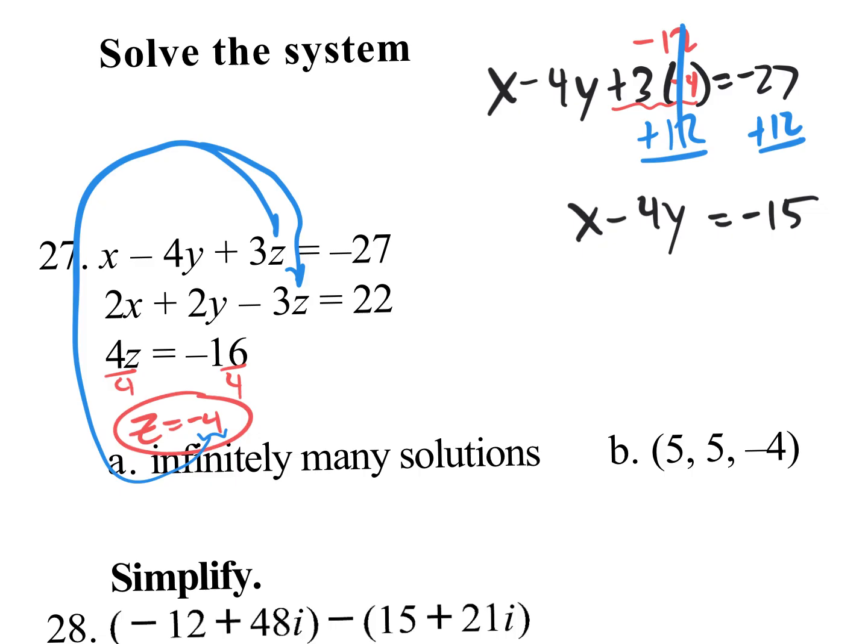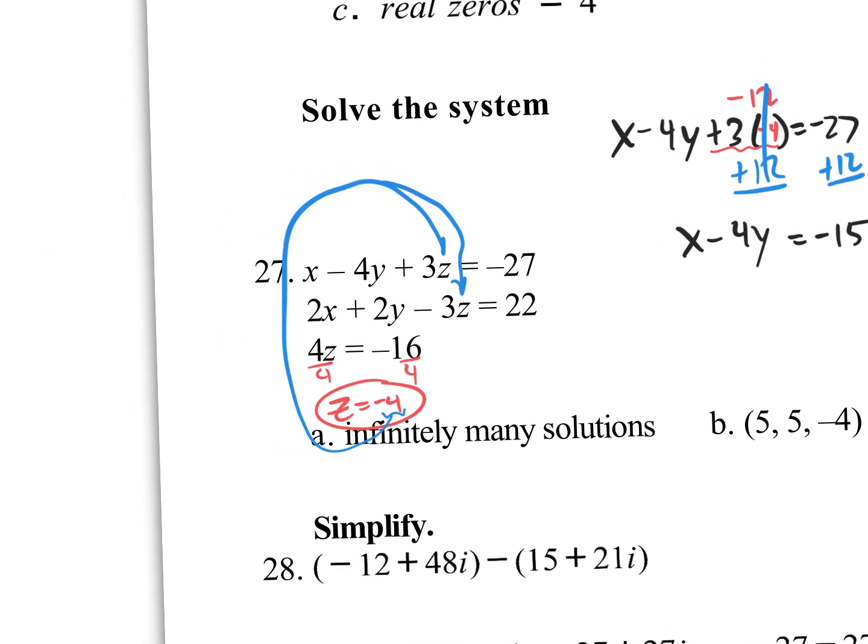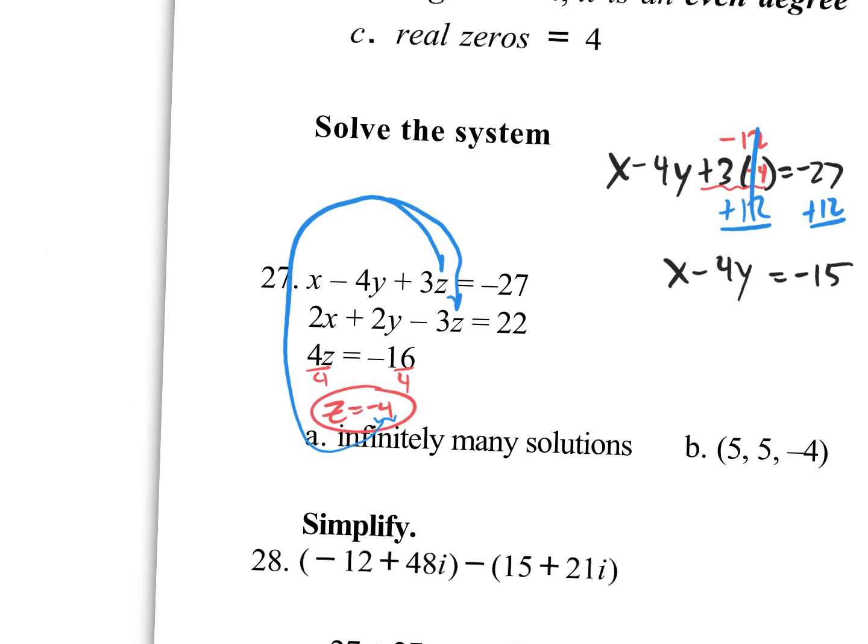Let's do the same for the bottom equation. The bottom equation is 2x plus 2y minus 3 times z, where we said z is -4, equals 22. So we know that -3 times -4 is positive 12.